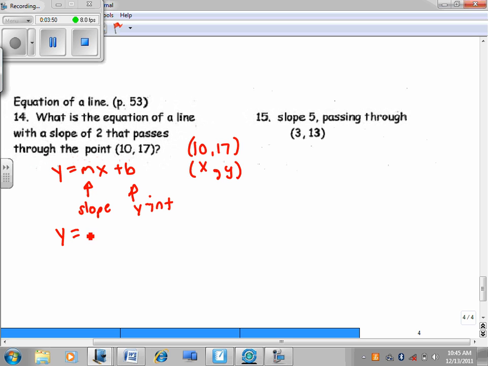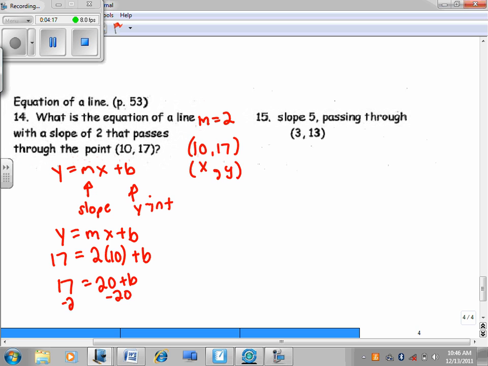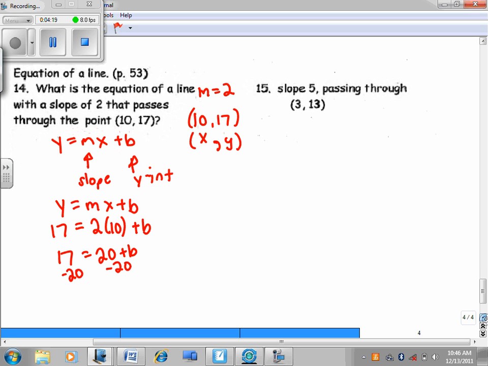So y equals mx plus b. Our y is 17. Our m is given to us. Slope is equal to 2. Our x is 10 plus b. So 2 times 10 is 20 plus b is equal to 17. So to solve, we subtract 20 from each side. b equals negative 3.